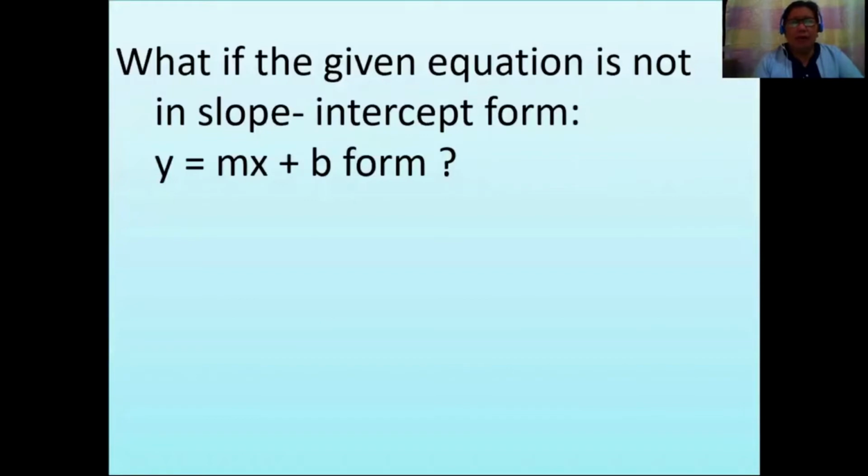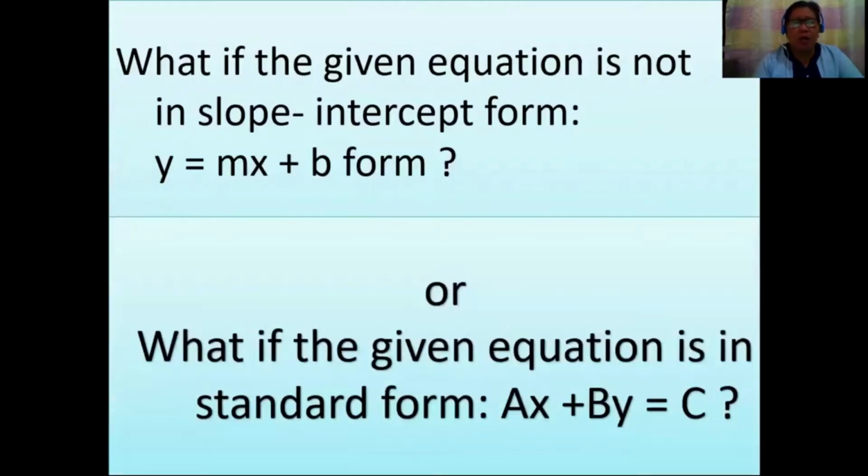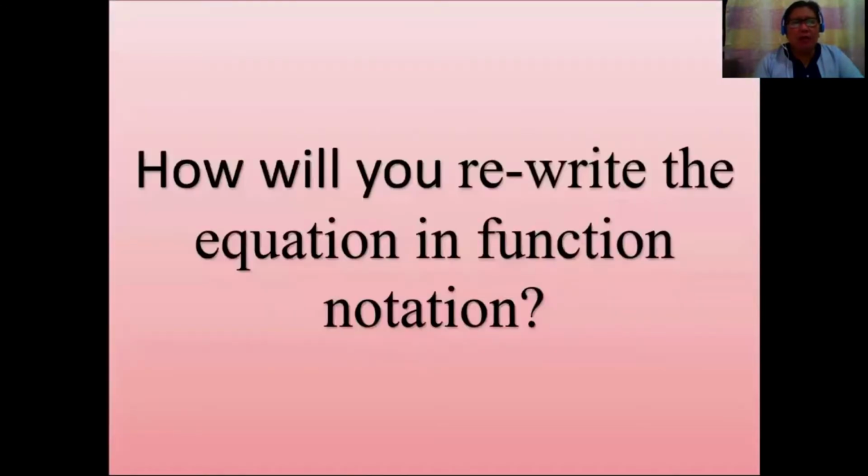Now, what if the given equation is not in slope-intercept form? That is, y is equal to mx plus b form. Or, what if the given equation is in standard form, in ax plus by equals c form? Or, not following the standard form? How will you rewrite these given equations in function notation?